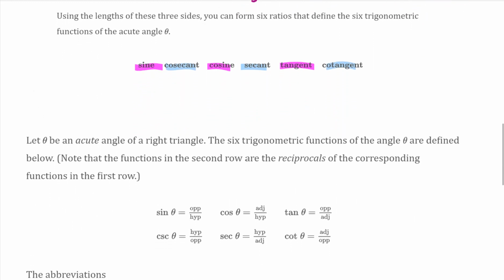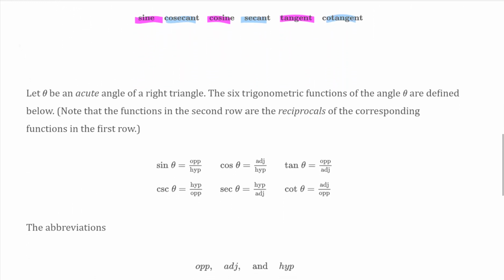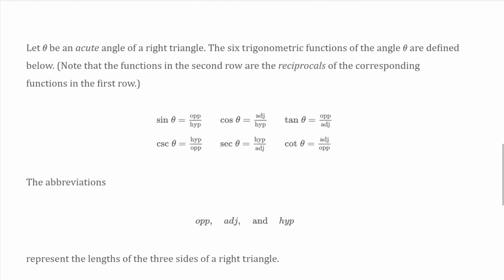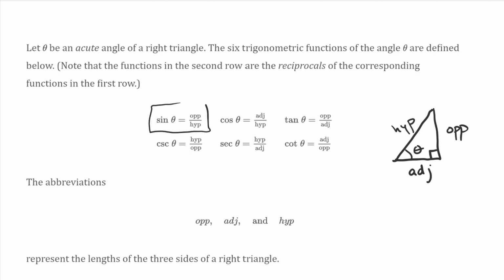And here we are. Here's all of them. This is by definition. So of a right triangle with some sort of angle coming out with our opposite, our adjacent, and our hypotenuse, we find that if you take sine of whatever angle it might be, you get the opposite over the hypotenuse.